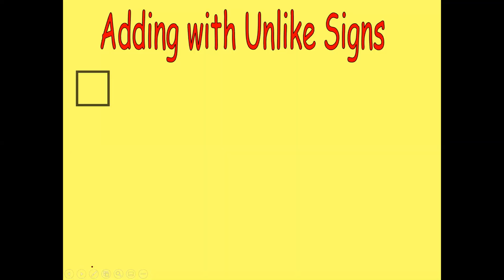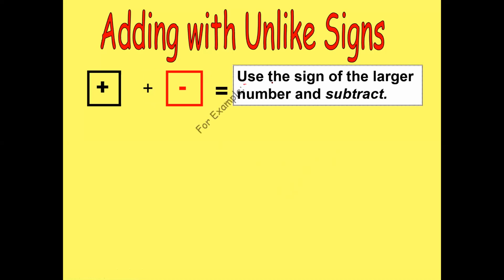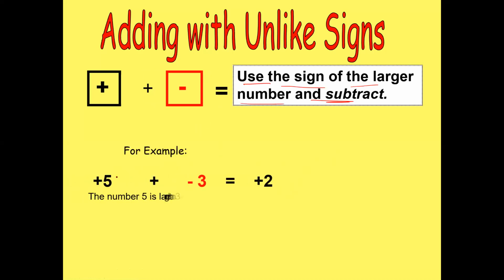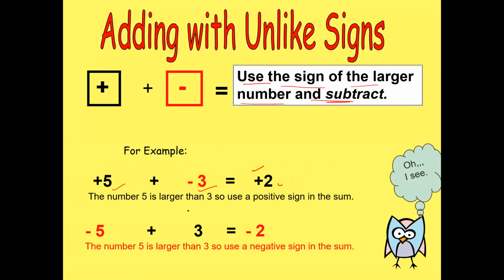Now next, here, as you can see, first number is positive and the other number is negative, then the rule is use the sign of larger number and subtract. For example, positive 5 and negative 3, then the larger number is positive, so answer will be positive, and 5 minus 3 is 2.